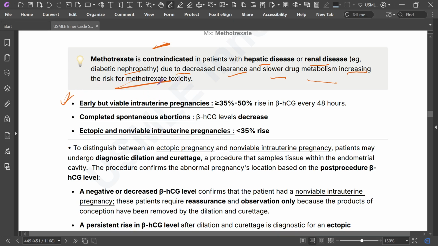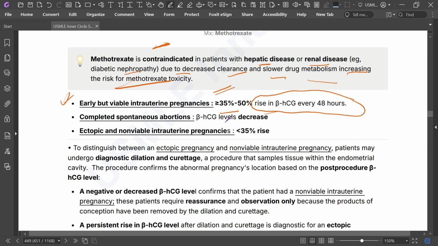Early but viable intrauterine pregnancy: more than 35 to 50% rise in beta hCG every 48 hours. In viable or early but viable intrauterine pregnancy, beta hCG should rise 35 to 50%.